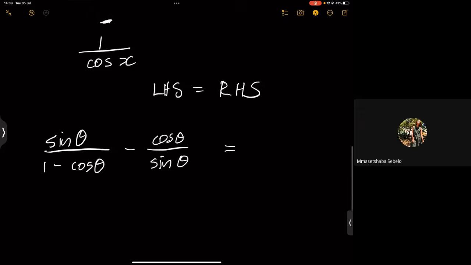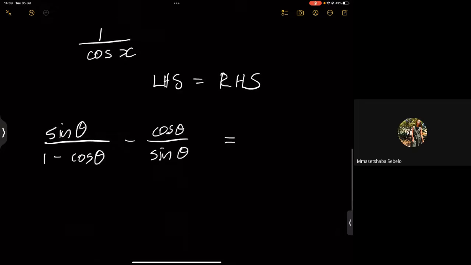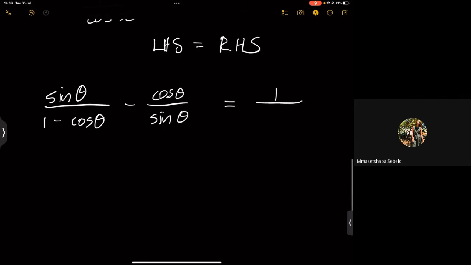And we must prove that this is equal to 1 over sine of theta.